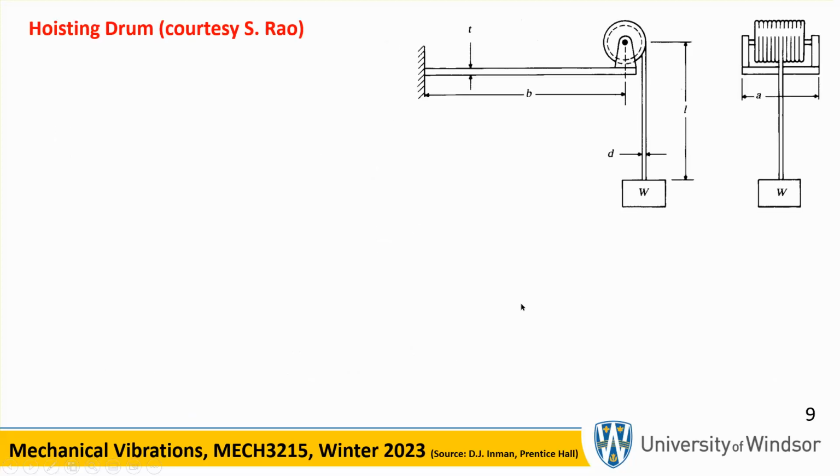Okay, so here's another problem, and we have a hoisting drum. There's, let's say, a balcony here or a beam here, and on it there's a hoisting drum which is mounted, and it's pulling something up and down. Now, first of all, notice that there are 2 flexible items here. 2 stiffnesses are needed.